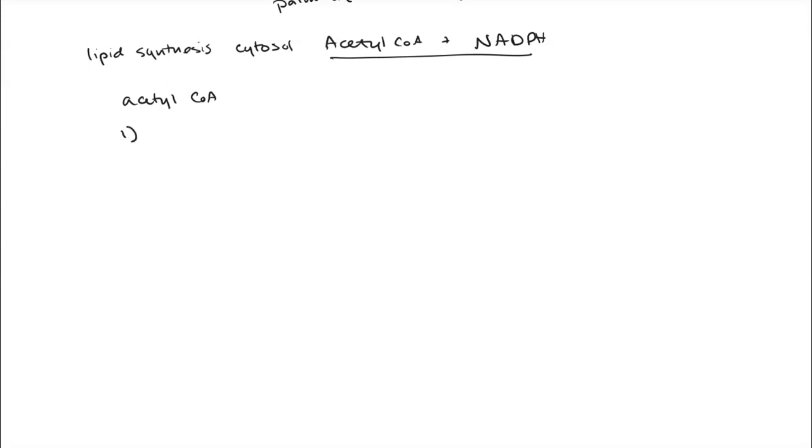Firstly, amino acid degradation can produce cytosolic acetyl-CoA. Secondly, fatty acid oxidation produces mitochondrial acetyl-CoA.